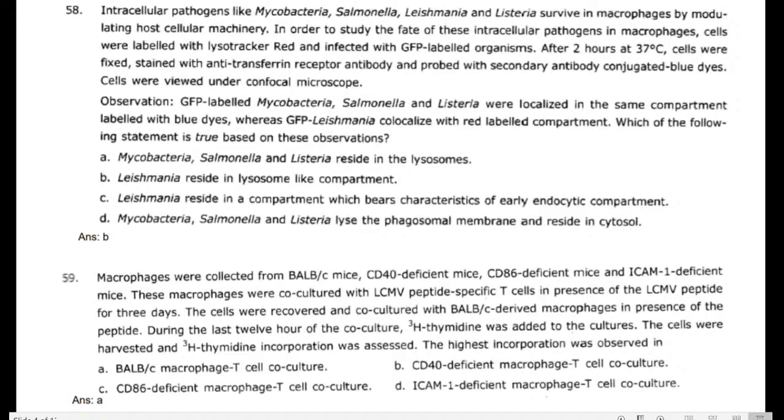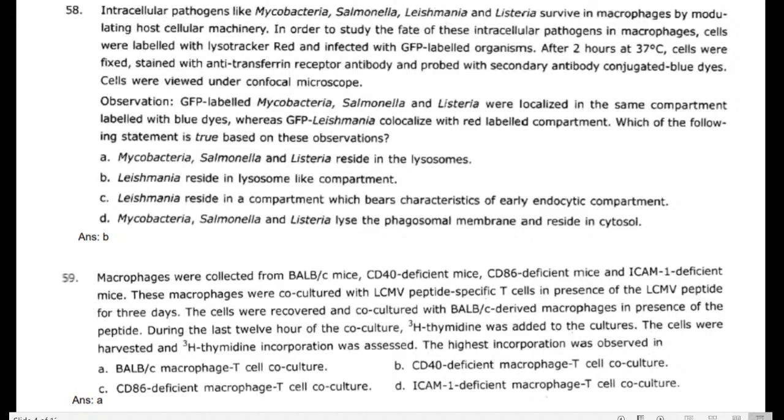Which of the following statements is a true observation? There are four organisms. Of the four, three are labeled in the same compartment with the blue dye. Leishmania alone is labeled in the red compartment. What is the reason behind it?